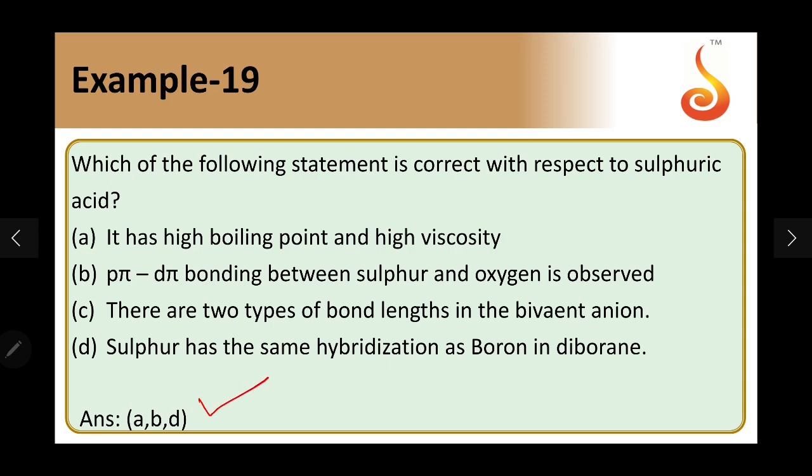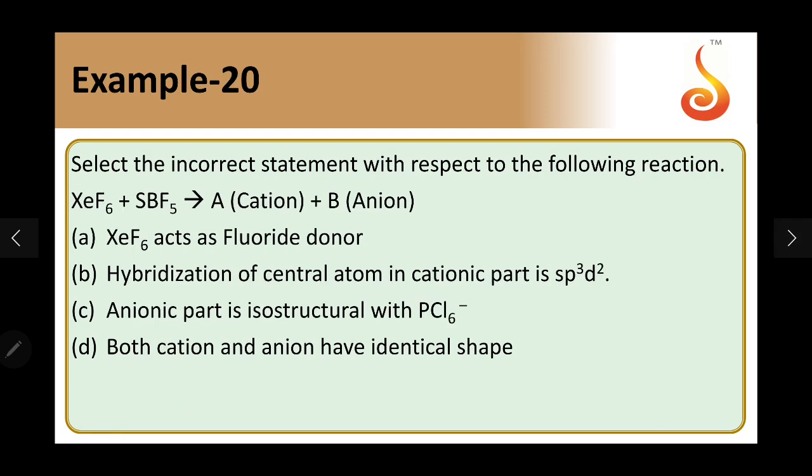Question number 20. Select the incorrect statement with respect to the following reaction. So if I take the reaction XeF6 with SbF5 giving a cation and anion, we'll see what the product is.